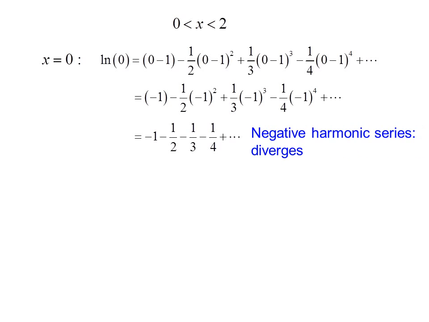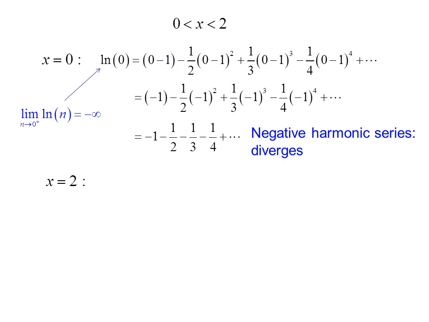We recognize this as a negative harmonic series which diverges, which we would expect since the natural log of 0 is undefined and the limit as n approaches 0 from the right-hand side of ln of n equals negative infinity, and our series is approaching negative infinity.